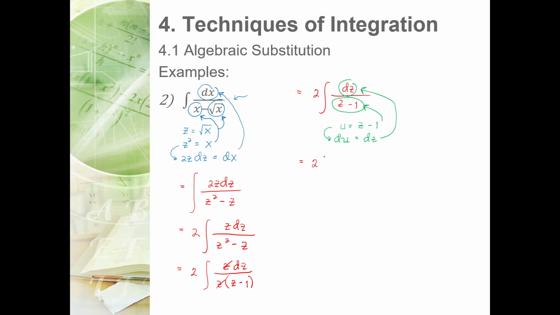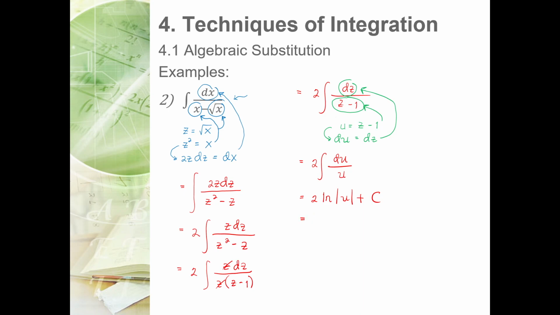Okay, so you have 2 integral of du over u. So again, this one is a basic formula, so this becomes 2 ln of u plus c.